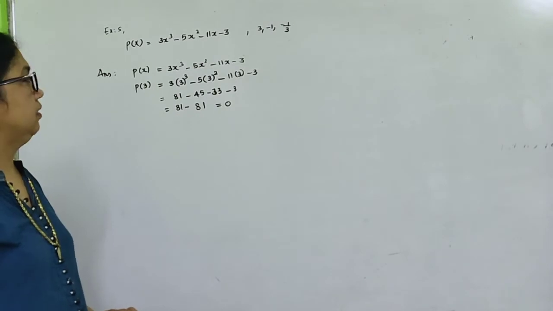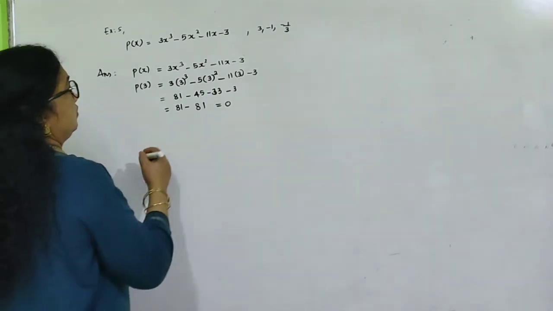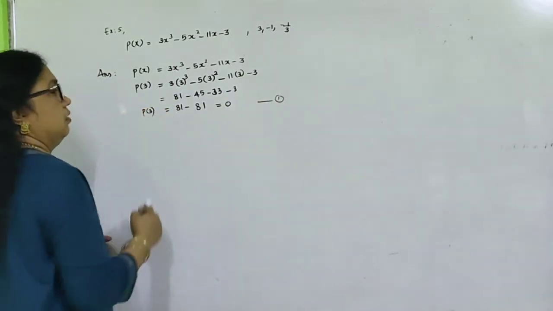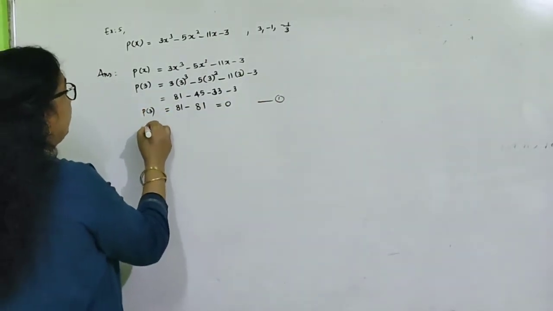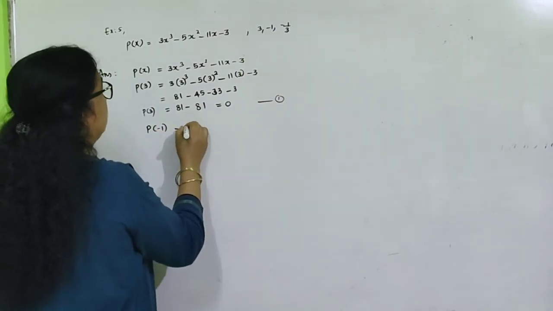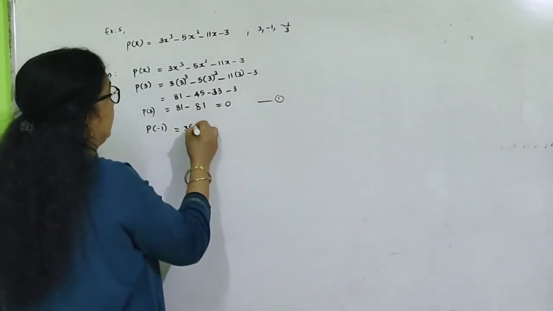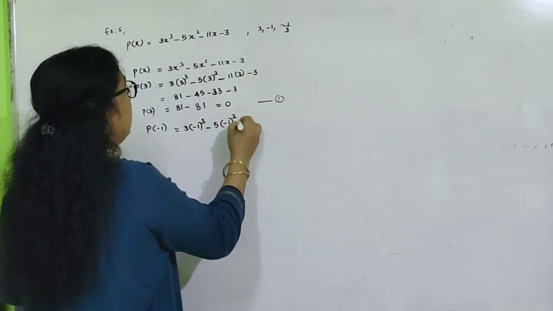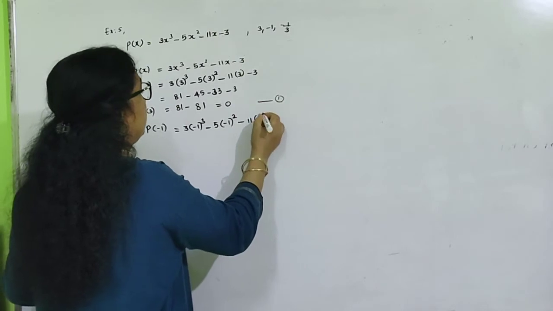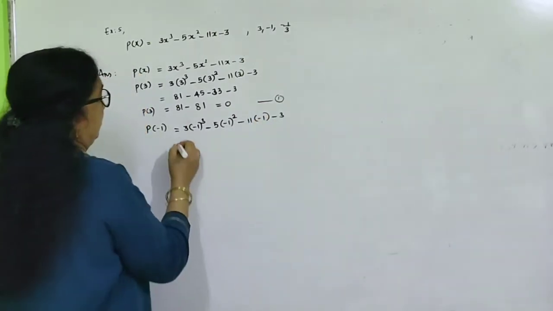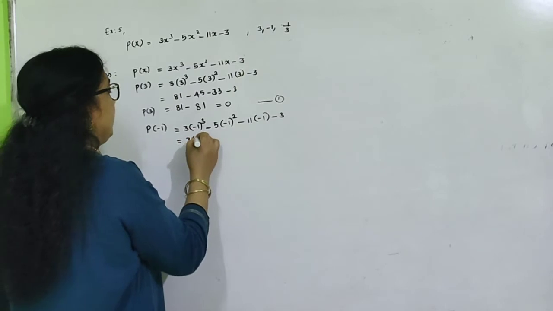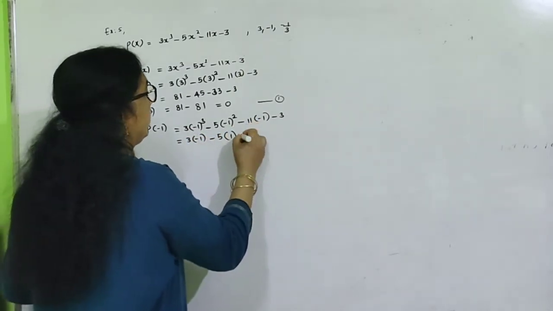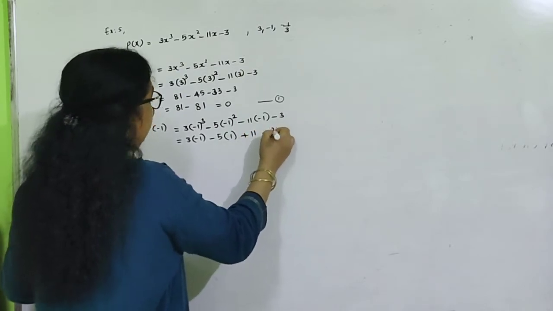One verification is done: p of 3 equals 0. Now second, p of minus 1. Instead of x write minus 1: 3 into minus 1 cube, minus 5 into minus 1 square, minus 11 into minus 1, minus 3. 3 into minus 1 cube is minus 3, minus 5 into 1 is minus 5, minus into minus makes plus 11, minus 3.